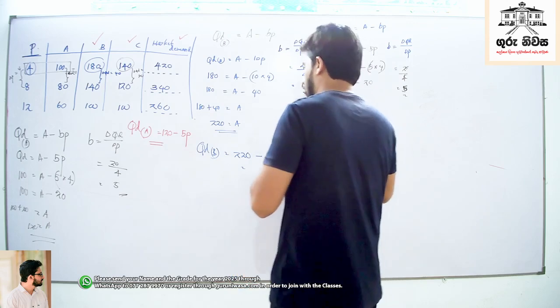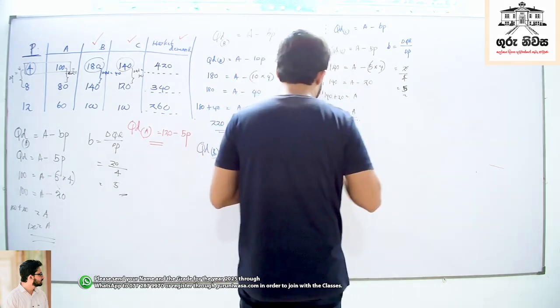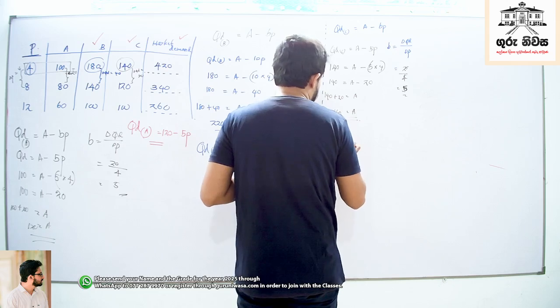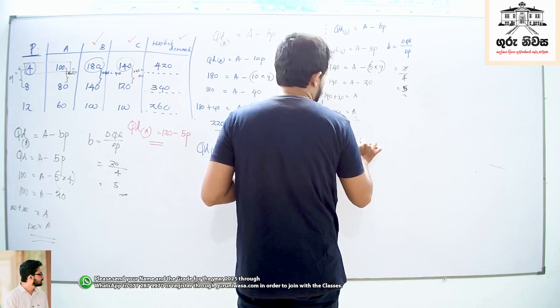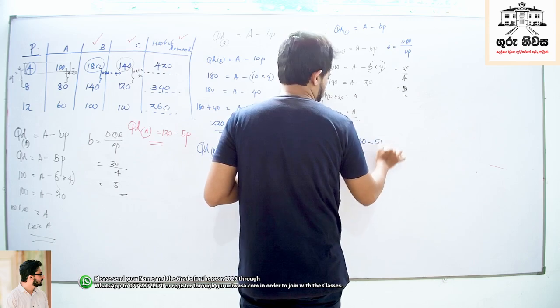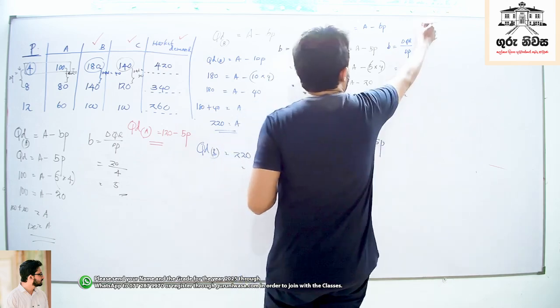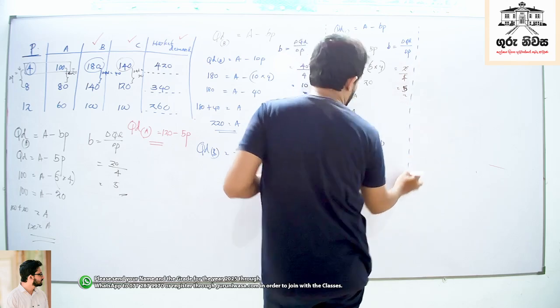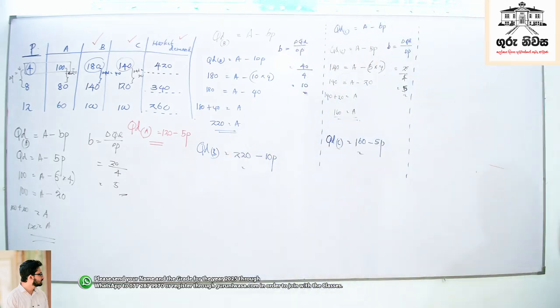So the QDC equation is 160 minus 5P. We have got different answers? Let me know. Got the same answer, sir. Good.